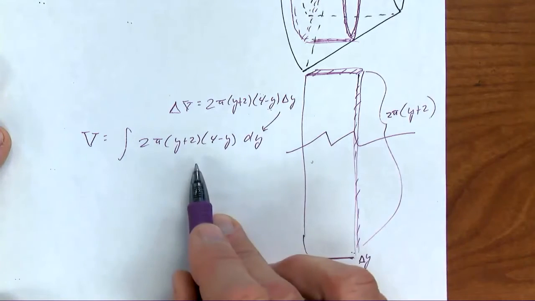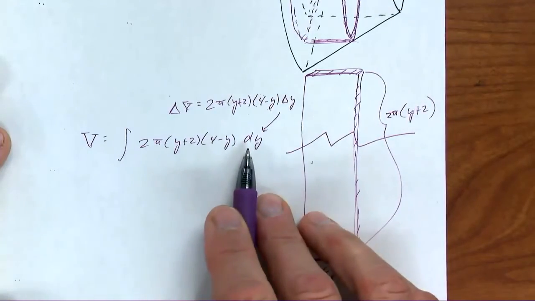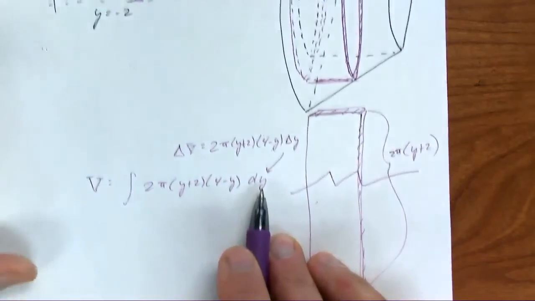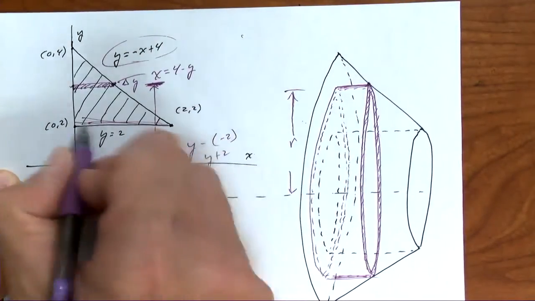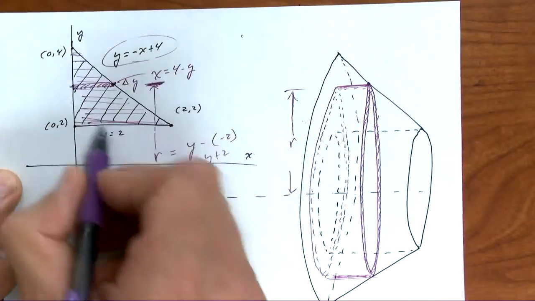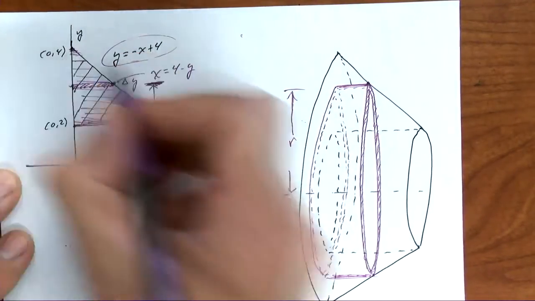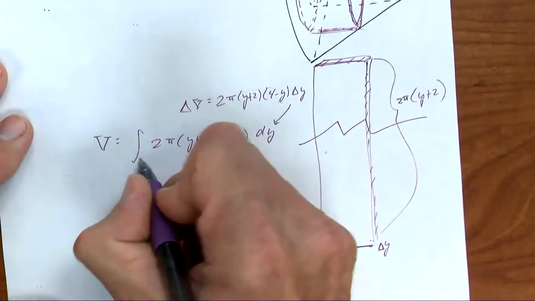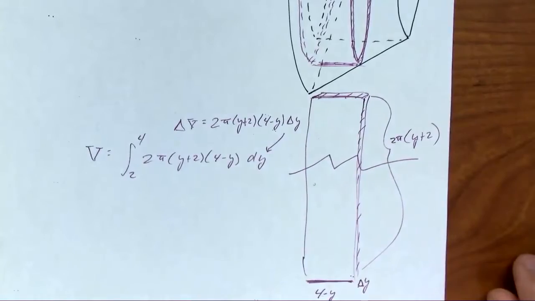If you've got x's floating around in here, you did something wrong. Secondly, our limits of integration are going to be y values. So let's go back to our picture. These slices are going from down here at y equals 2 all the way up here at y equals 4. From 2 to 4. There's our volume.